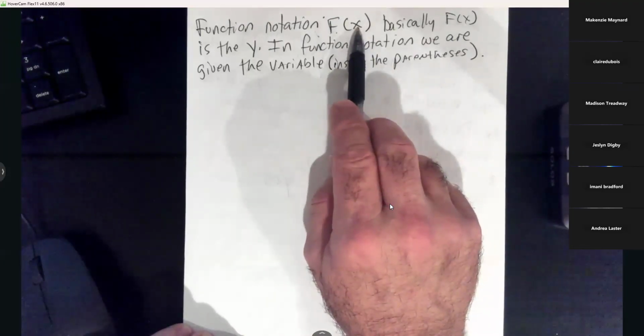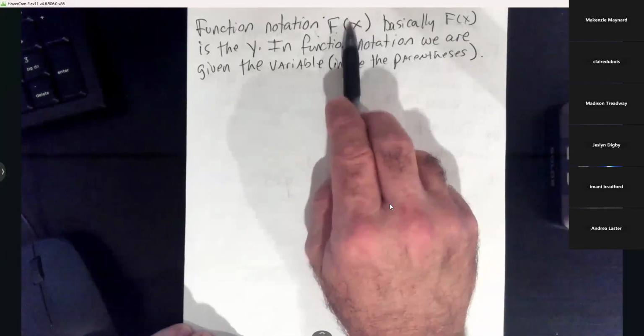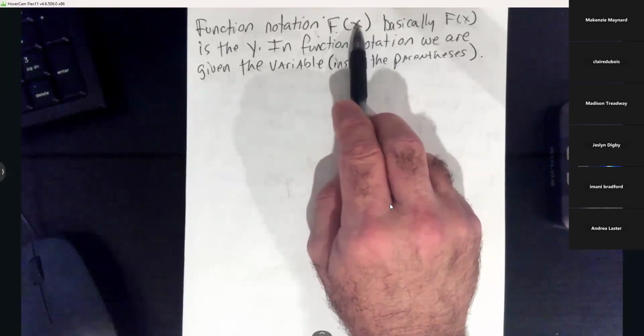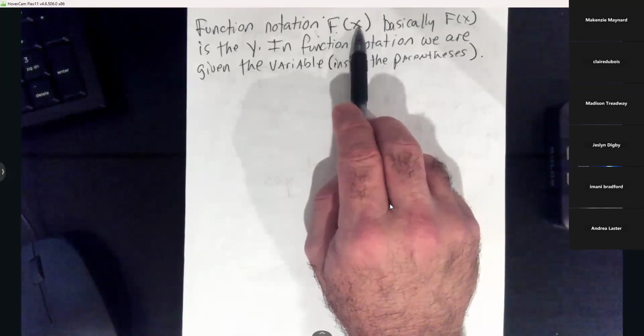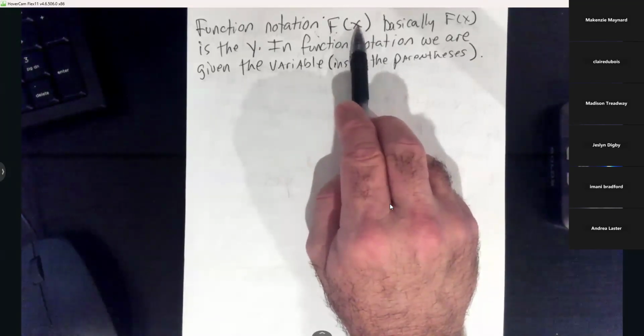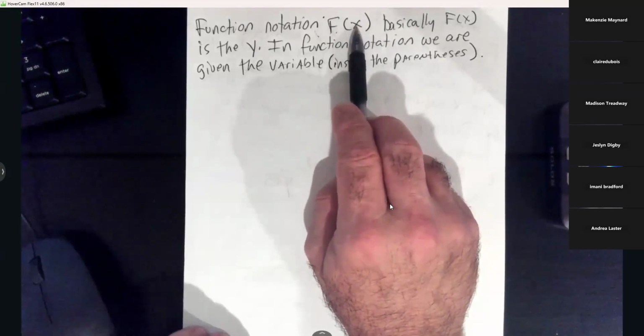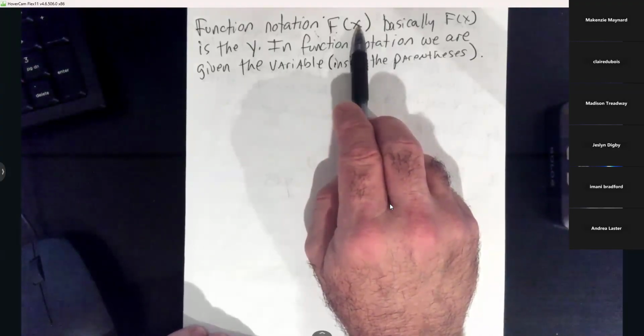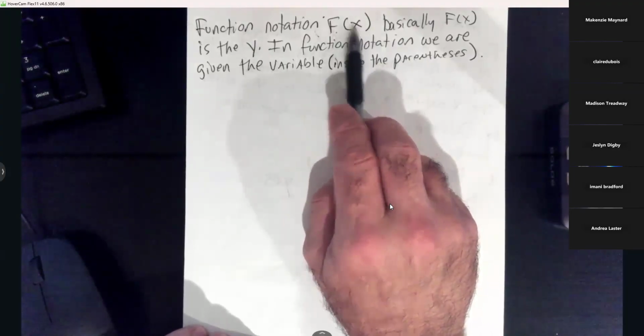Now, inside the parentheses is always going to be what the variable is. I will say in your science classes, instead of x's, a lot of times they'll use a T for time. But in here, it lets me know that the variable is the x, okay? Now, here's the difference.